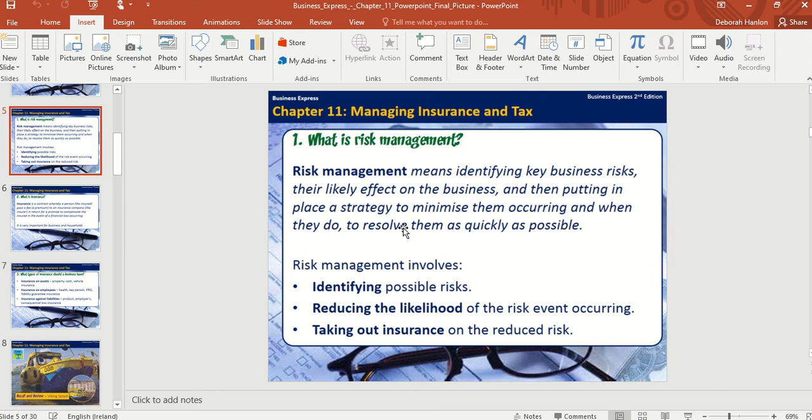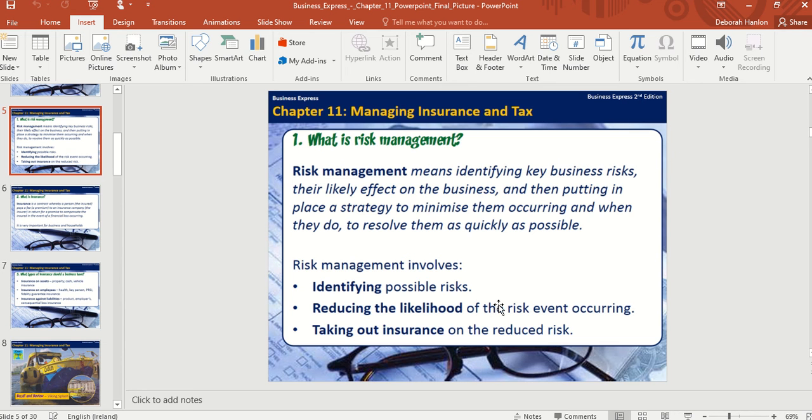They will try and minimize the risks through identifying hazards, having some kind of health and safety statement, and putting a procedure in place where they might do fire drills and identify hazards through their staff through a reporting system. So identifying possible risks and reducing the likelihood, as I said.